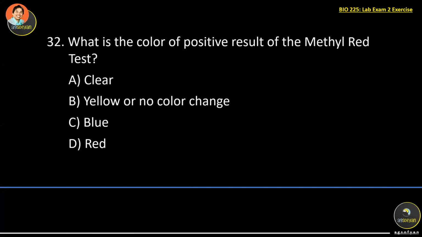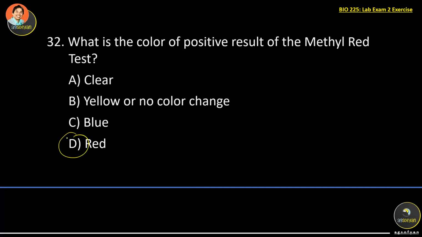So what is the color of a positive result of the methyl red test? If it is using the mixed acid pathway, the color will change into A, B, C, D. What is your answer? Yes, it is red color.